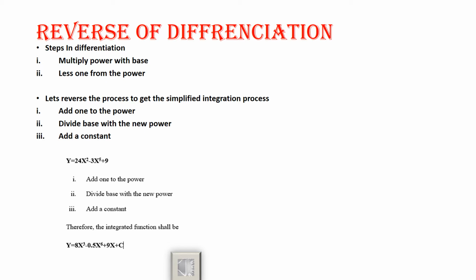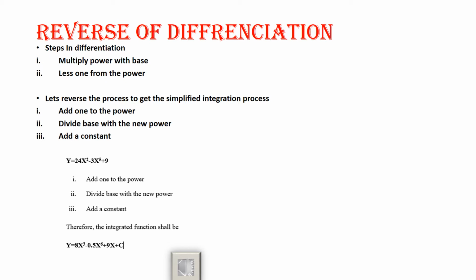Then the final step is you say plus a constant, because maybe there was a value during differentiation that was cancelled to be 0. Because we don't know the exact value, in integration we'll always say add a constant after we've finished integrating all the elements in the function given.